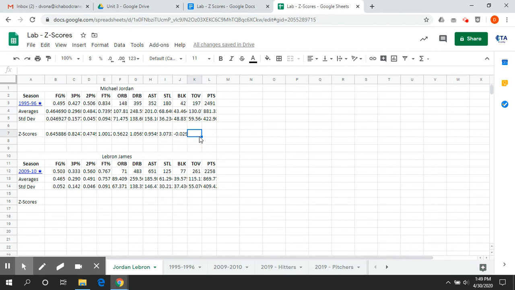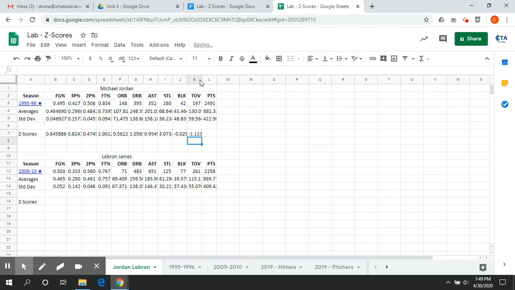So the way we account for this being bad is when we put in the formula, we start with a negative sign, and then we do the same exact thing we always did: observation minus the average divided by the standard deviation. That'll make it so that if it was negative, it becomes positive, and if it was positive, it becomes negative.